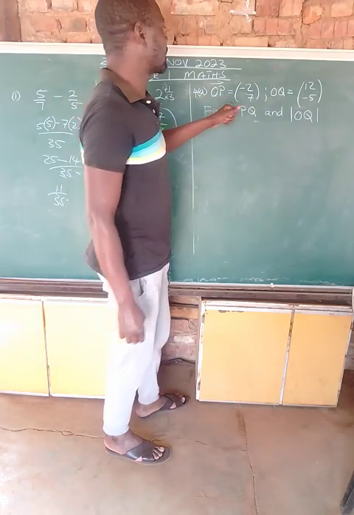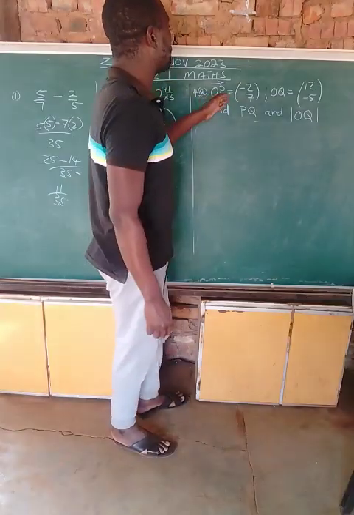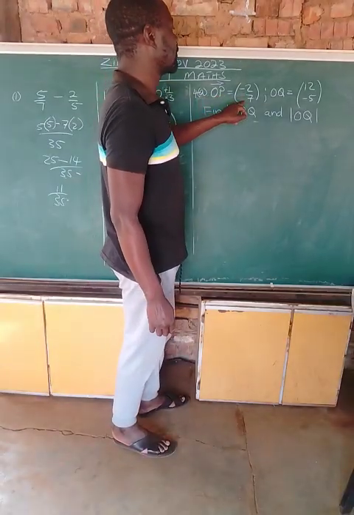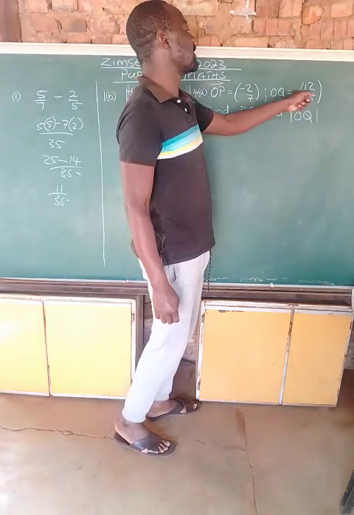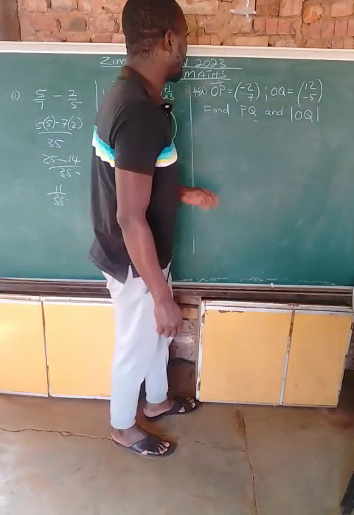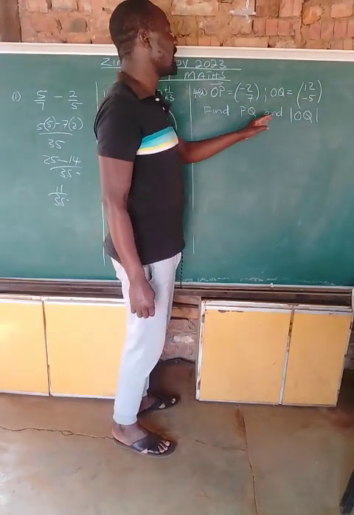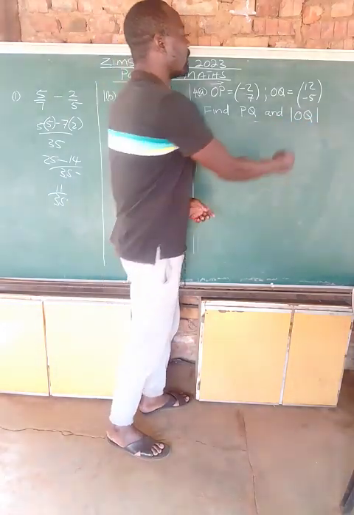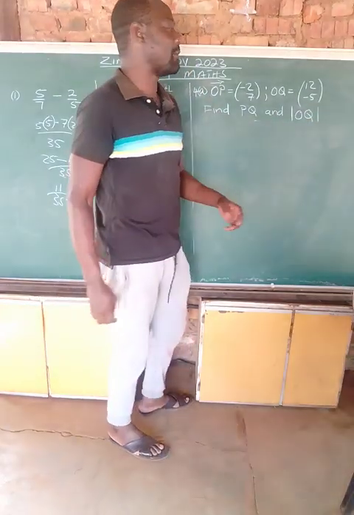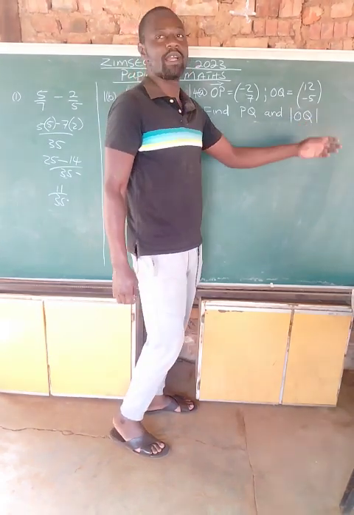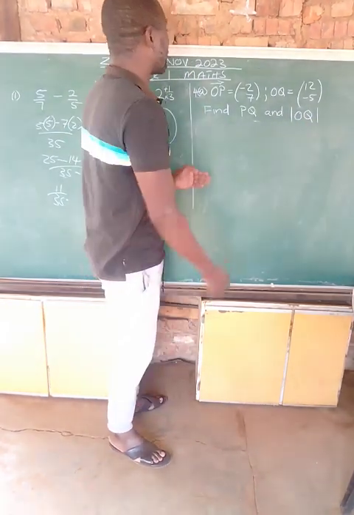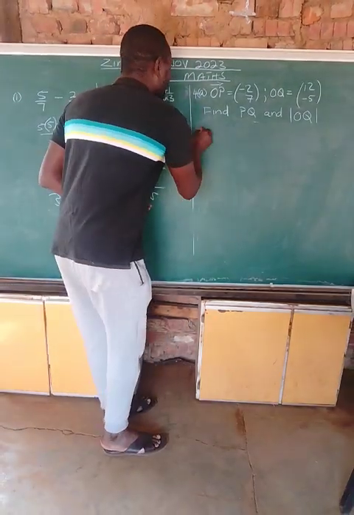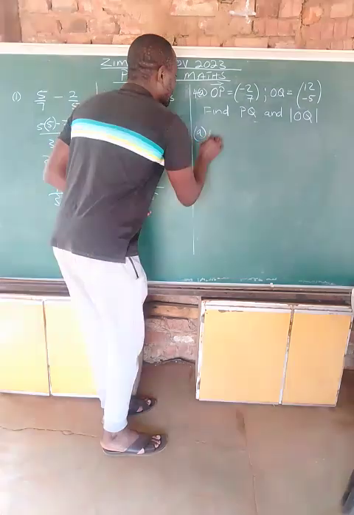This is vector 1. OP is equal to minus 2 and 7, and OQ is equal to 12 and minus 5. Find PQ and find the modulus of OQ. When we are talking of modulus, what are we talking about? It's just the same as talking of length. So now find PQ. This is how we answer.